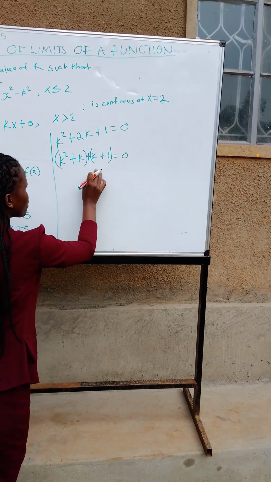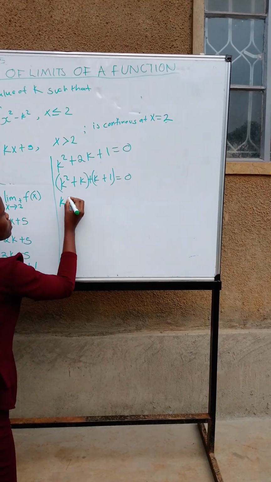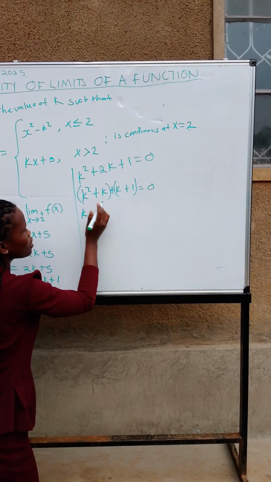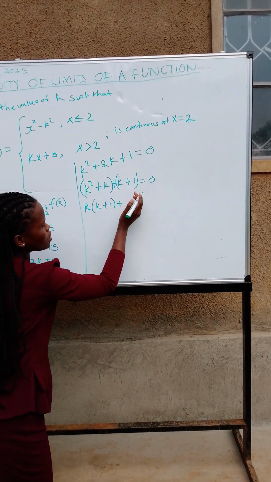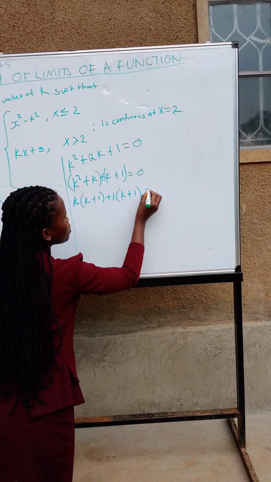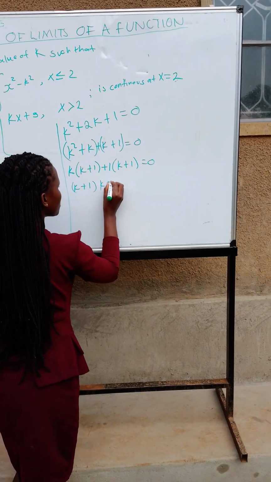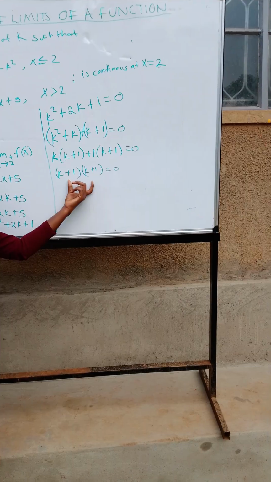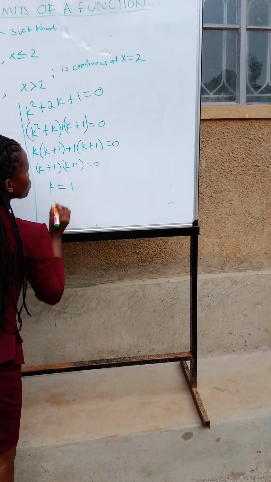We factorize out the common terms: k is common in the first two, leaving k plus 1, and factorizing out 1 from the last two, we get k plus 1. So k plus 1 into k plus 1 equals 0. Since we have similar brackets, we conclude that k is equal to 1.